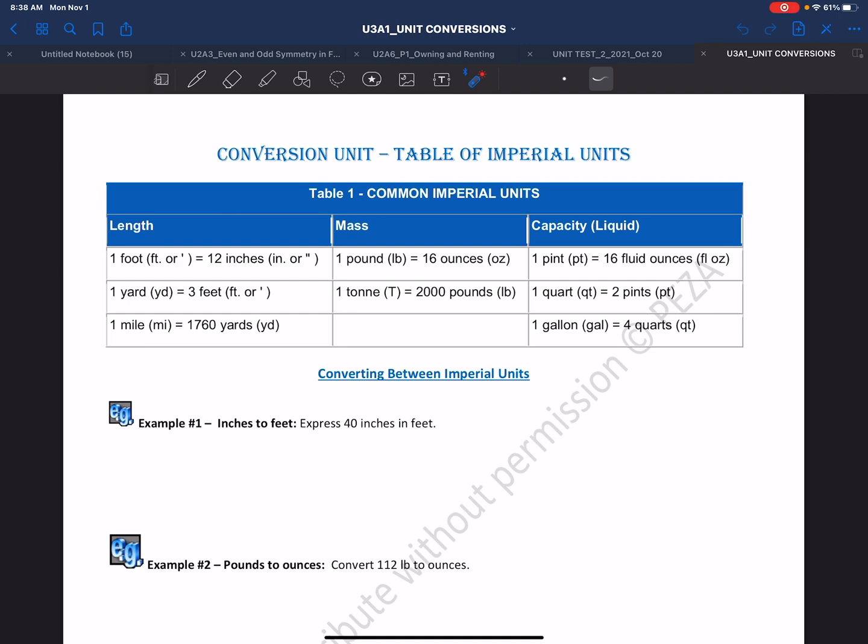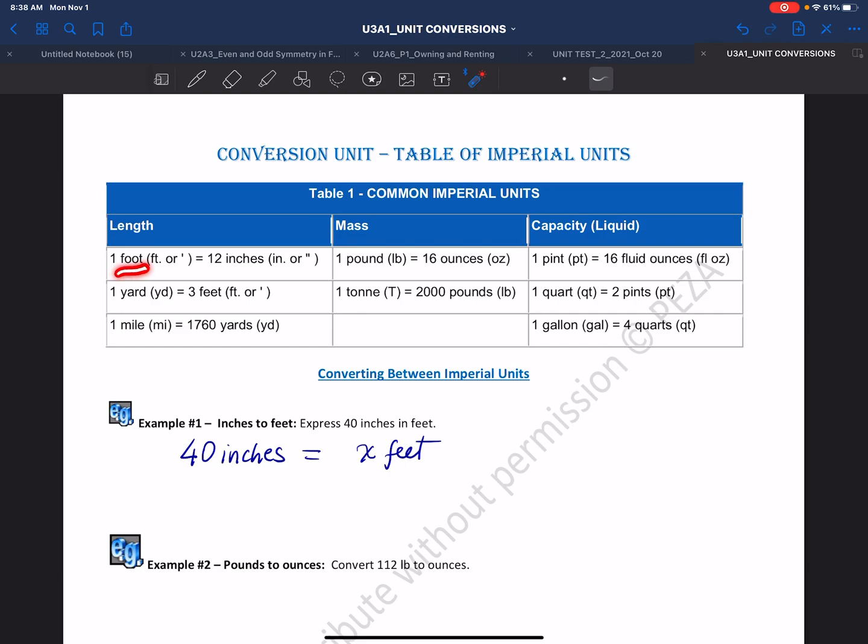In the first example, we have to convert inches to feet. So we have to express 40 inches into feet. So we're going to write 40 inches equals X feet. And then we'll visit the conversion chart and we want to find out the unit measurements for inches and feet.